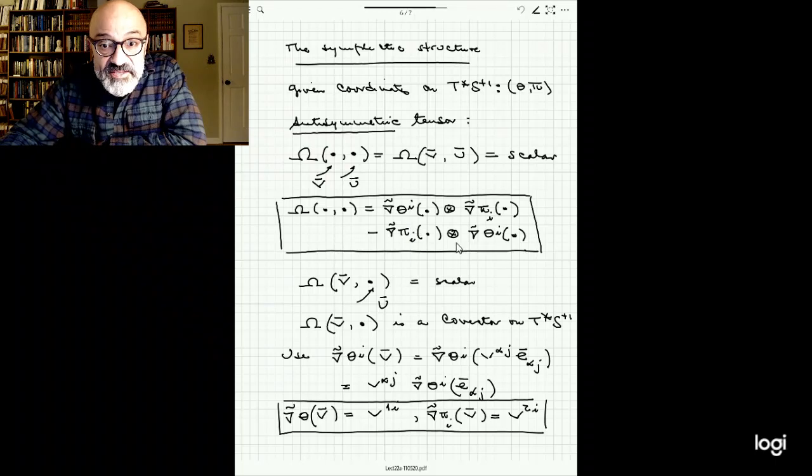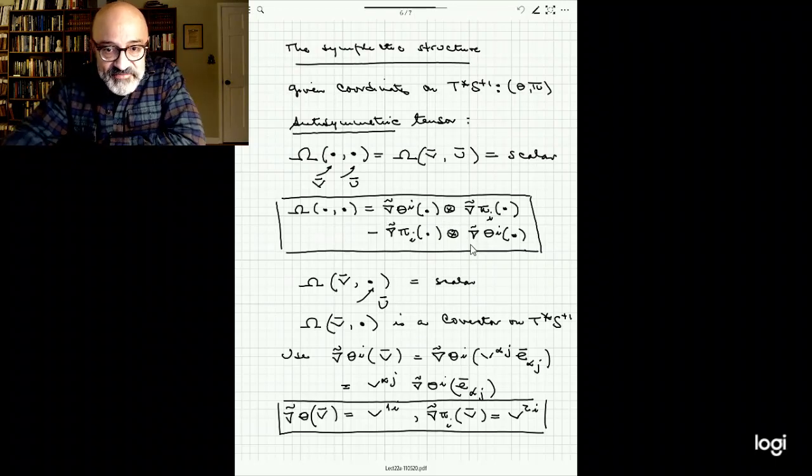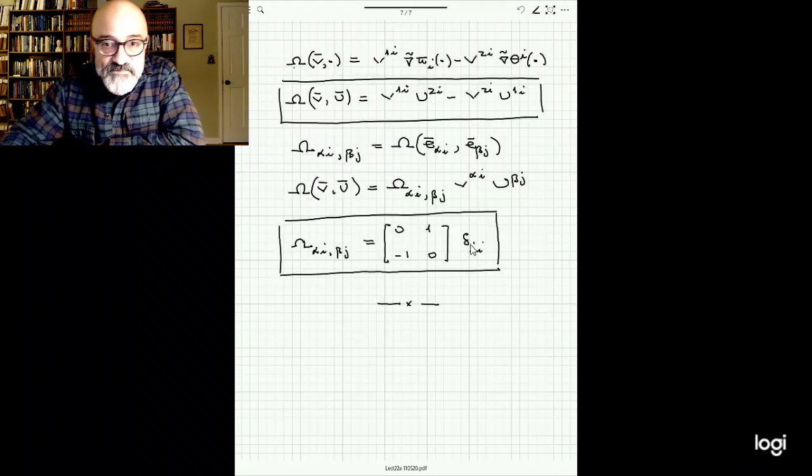Comment: it's very interesting that here we have twice the dimension. If this is dimension n, this is dimension 2n. So now we're really dealing with a space of dimension 2n, and we have doubled the number of coordinates from theta to theta and pi. When you apply this tensor that we have invented here to vectors, you operate with them in the normal way, compute the action of these gradients on vectors, and you get the components.